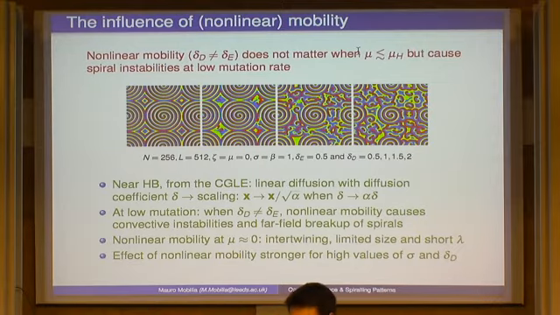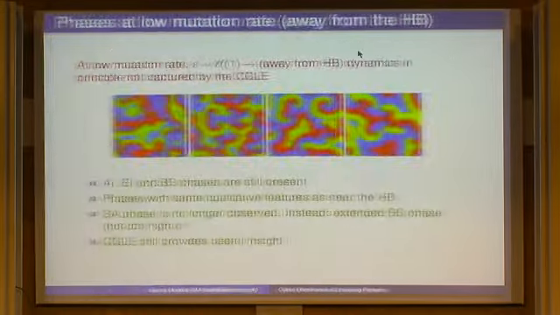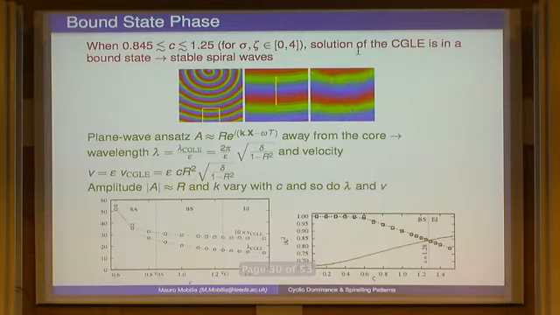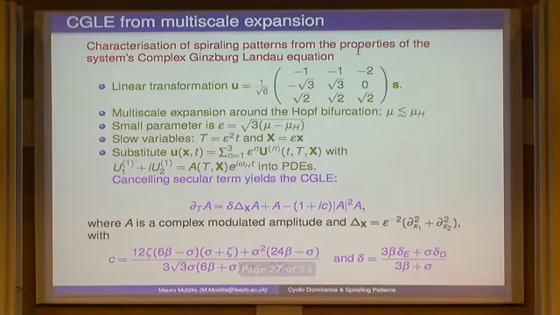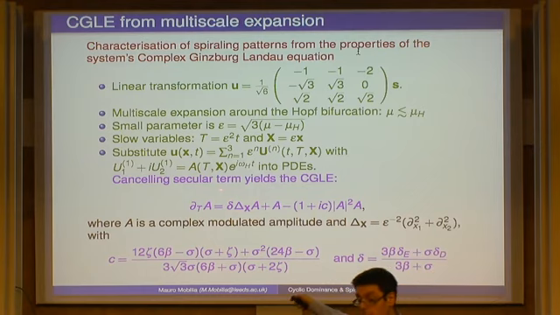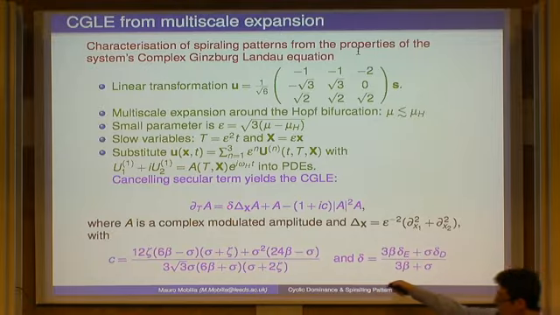To have this nonlinear mobility term when delta E is different from delta D. And we have seen that in the CGLE there is this simple effective mobility rate, which is linear. Perhaps let me just remind you this, just to appreciate. So here the mobility is linear. Near the Hopf bifurcation, there is no effect of this nonlinear mobility. Everything is boiled down into this parameter delta, which is a combination of delta E and delta D, right?